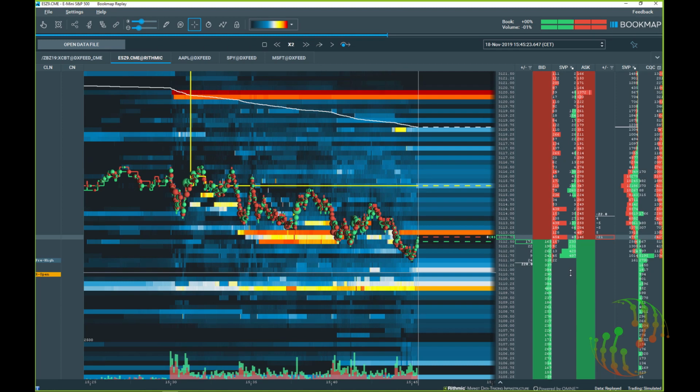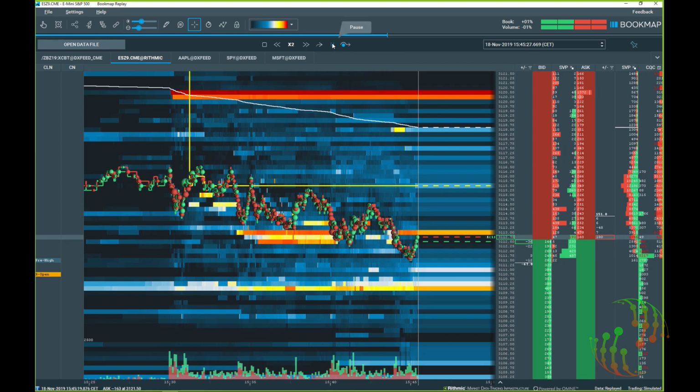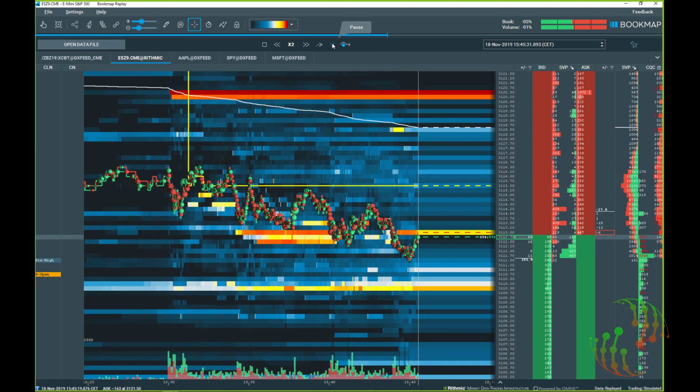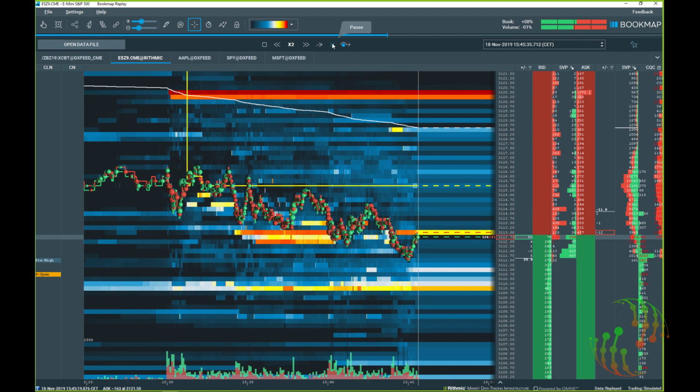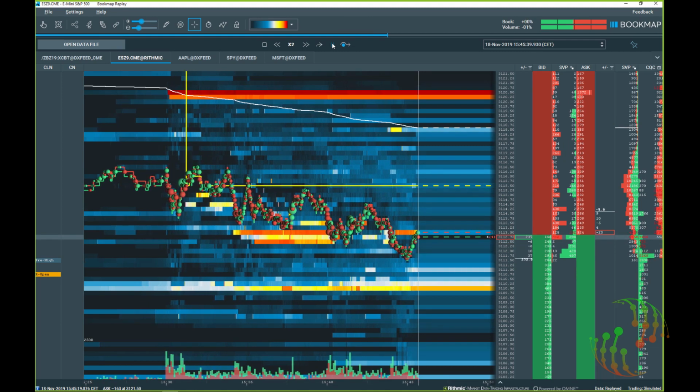When you want to trade with a limit order book, you see that the green bars are bigger than the red bars here. That means buying pressure. Buying pressure comes up here. They still have a resistance at 30 even.